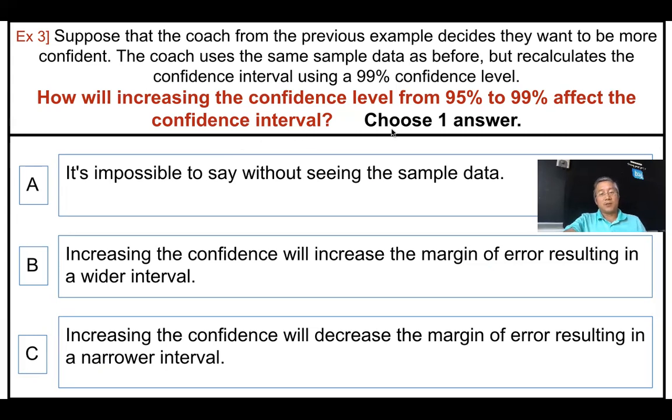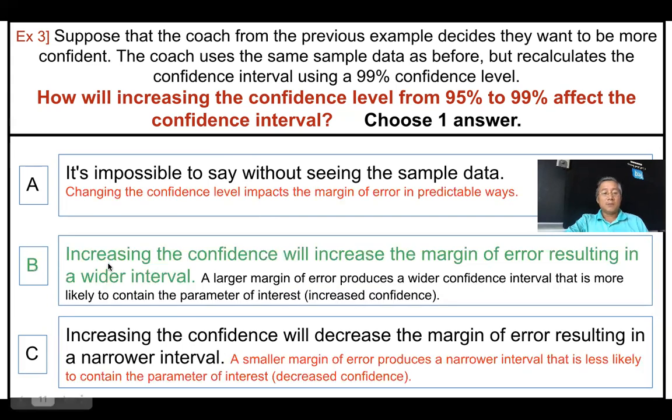Choose one answer. A, it is impossible to say without seeing the sample data. B, increasing the confidence will increase the margin of error, resulting in a wider interval. C, increasing the confidence will decrease the margin of error, resulting in a narrower interval.